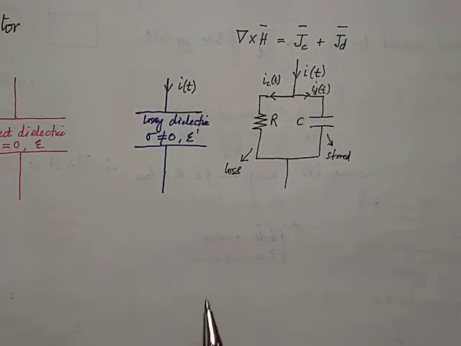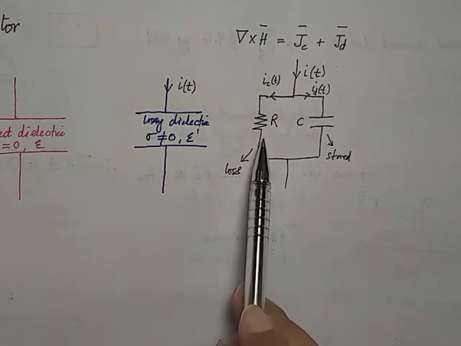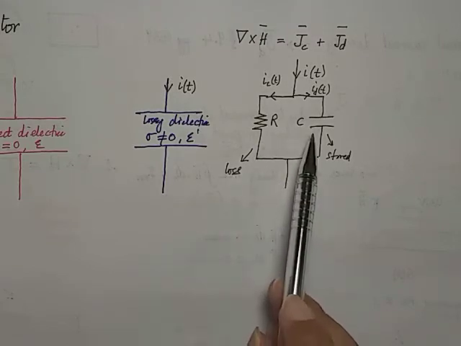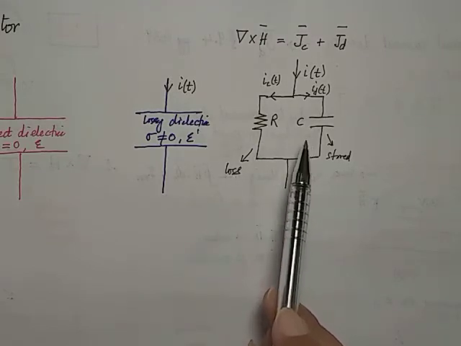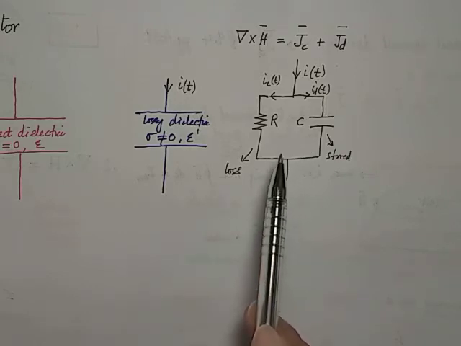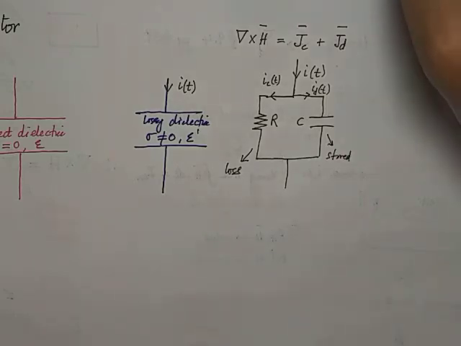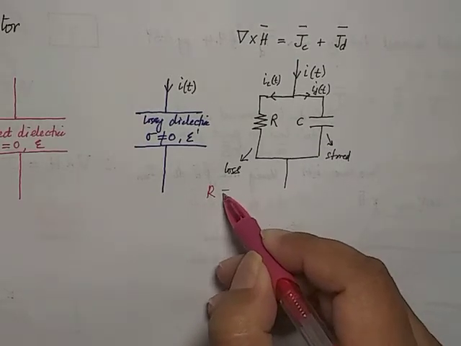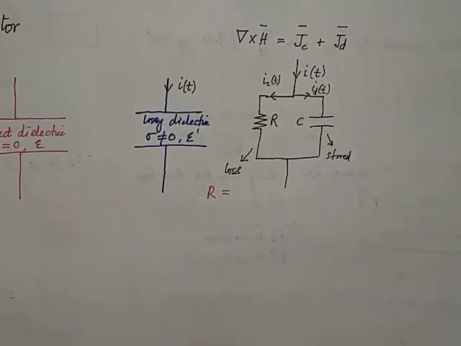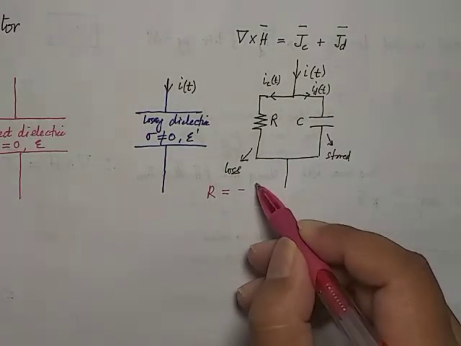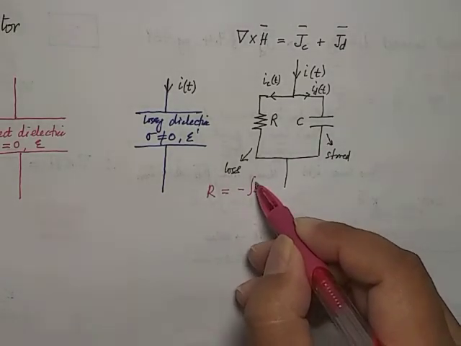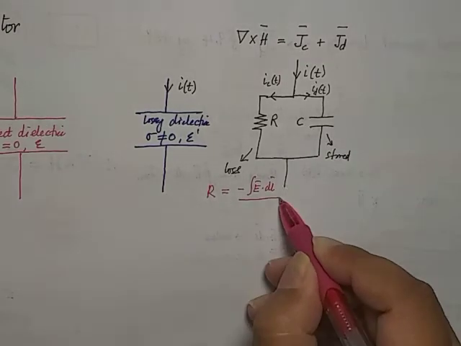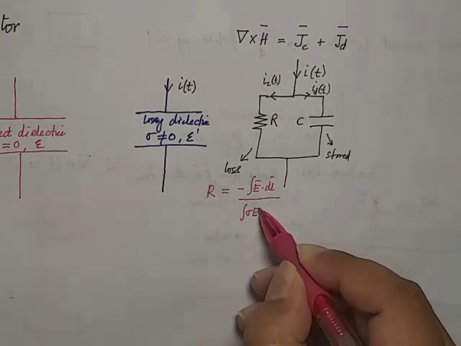So for us in capacitor design, there are going to be parasitic effects, whereby the C is what we want it to be, to store the energy. The engineer has to think about how to improvise in order for the resistance to be reduced or eliminated. We can relate this R based on our previous discussion of electrostatics, which is the integral of negative E dot dl divided by the integral of sigma E dot ds.